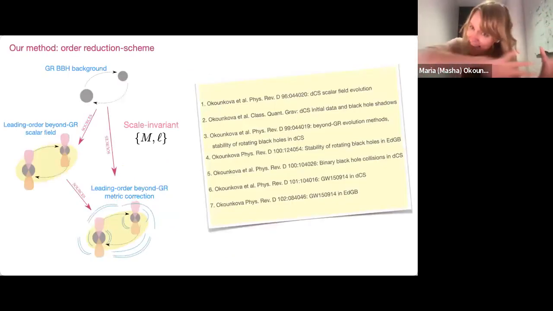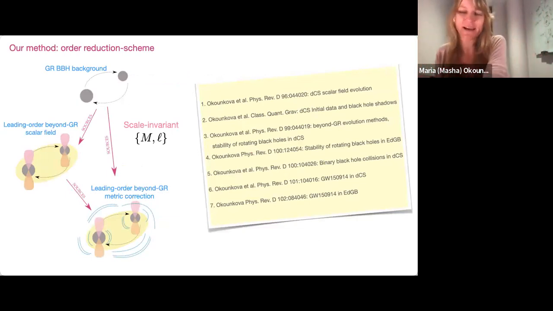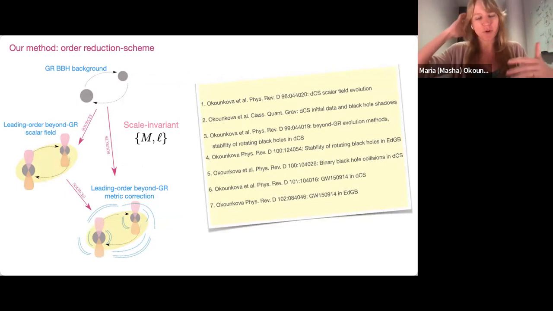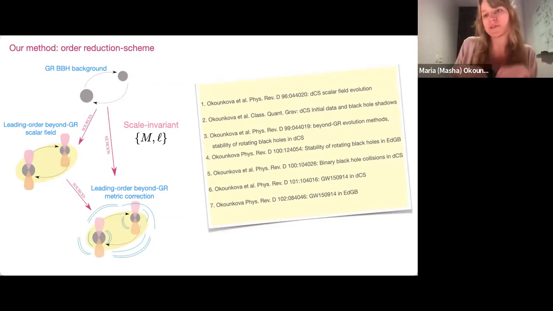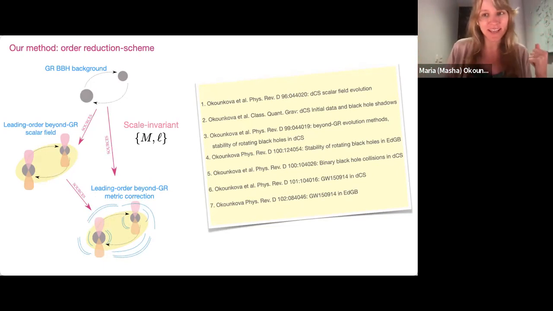And so at the end of this section, I'm going to talk about the actual formalism that we use. I'm going to talk about results first, just to keep things interesting. But the method that we use is known as an order reduction scheme, where in order to ensure a well-posed initial value problem, we say, well, I know how to simulate a system in general relativity.